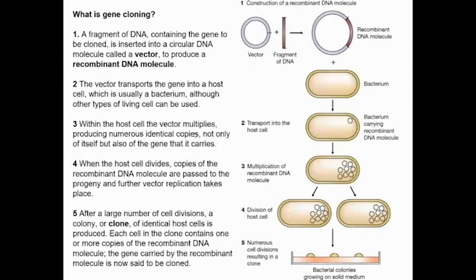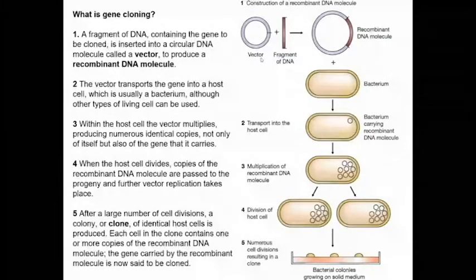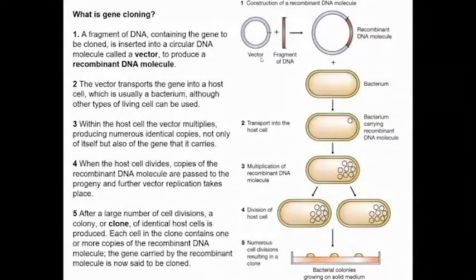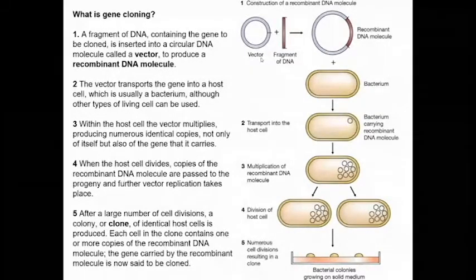Okay, so this is the standard procedure for gene cloning, as I explained previously. You have a vector. This vector has been generated through research.